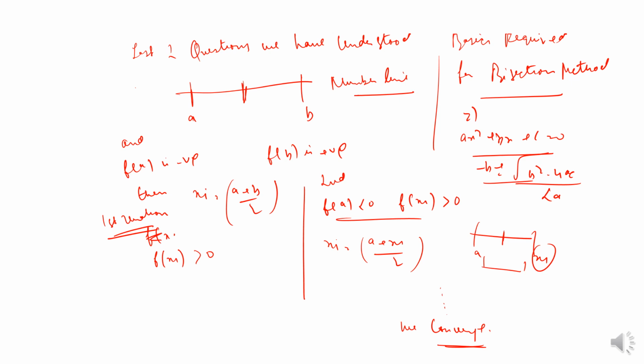But for equations like x e power minus x minus sin x is equal to 0, we will not have solutions directly. That's why we go for numerical methods. Thank you. In the next videos, we will see other techniques like regula falsi, Newton-Raphson, successive approximation, secant method, etc.